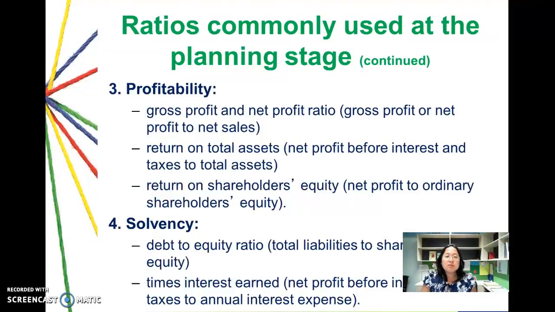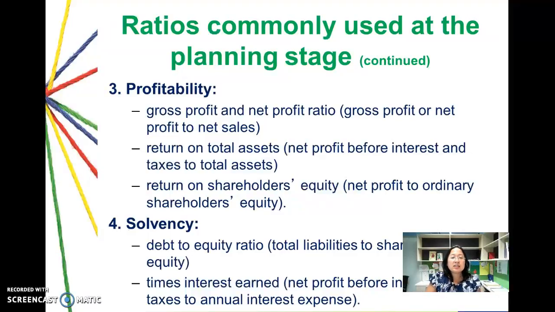In profitability, the auditor also calculates profitability ratios. Normally they calculate the gross profit or net profit ratio, return on total assets, and return on shareholders' equity. Gross profit says, if there is $1 of revenue, how many cents they can generate as gross profit or net profit. Normally that is a percentage of net sales.